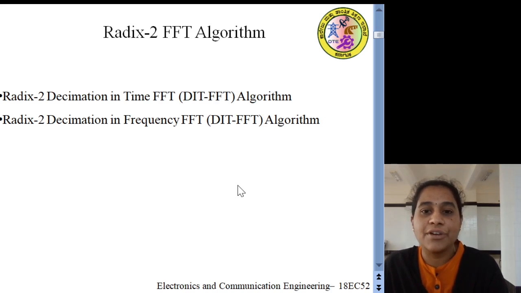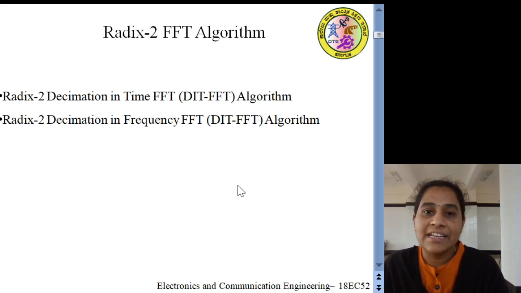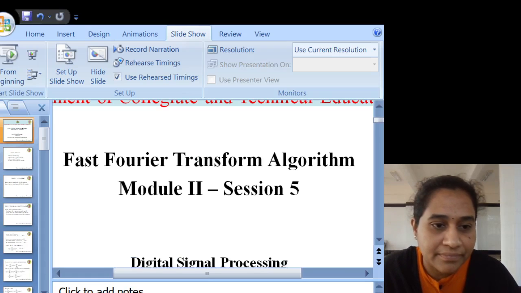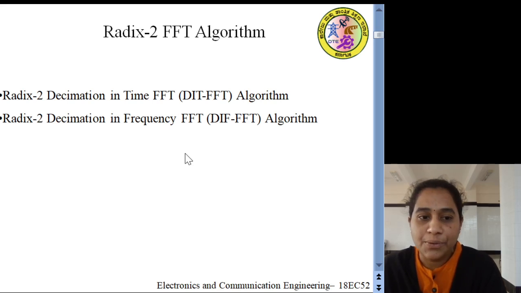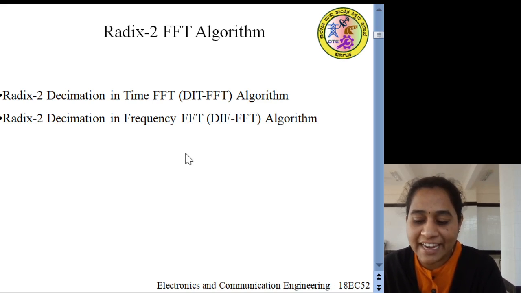In radix 2 FFT algorithm, we again considered the classifications: radix 2 DIT FFT algorithm as well as radix 2 DIF FFT algorithm. So here there are two, that is DIT FFT algorithm and DIF FFT algorithm.